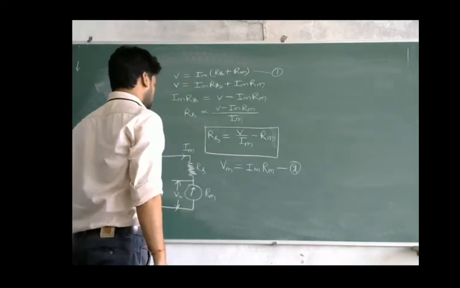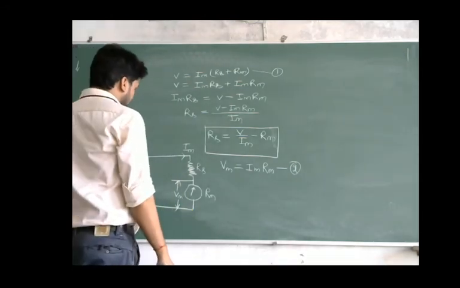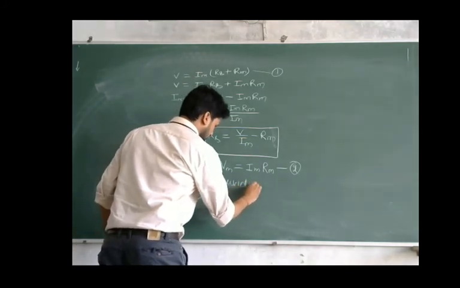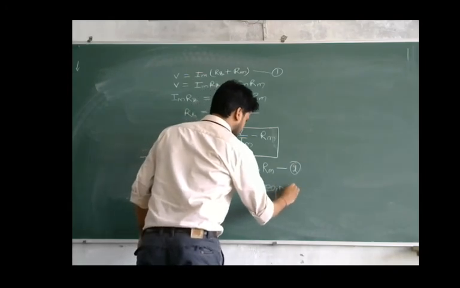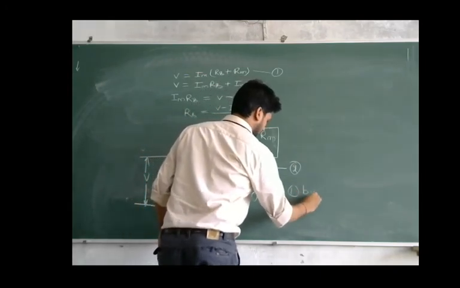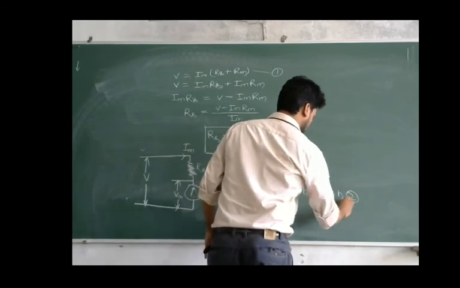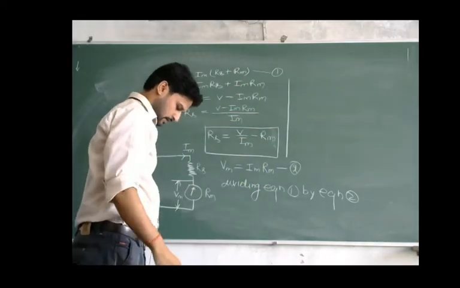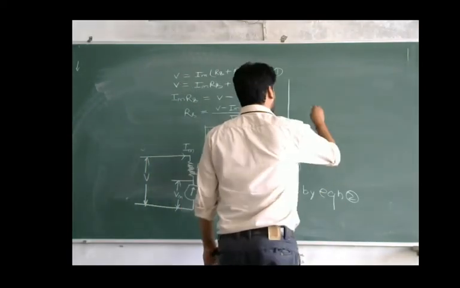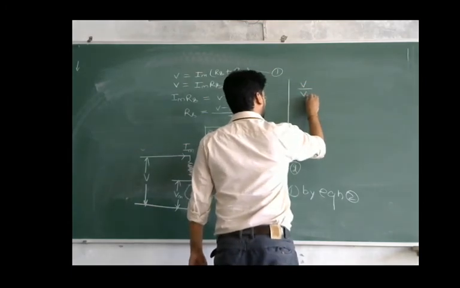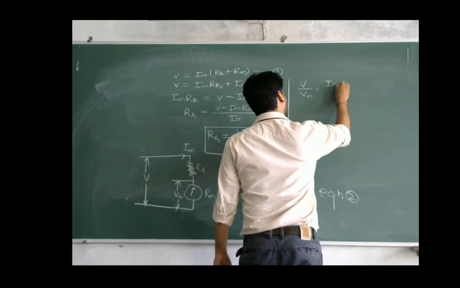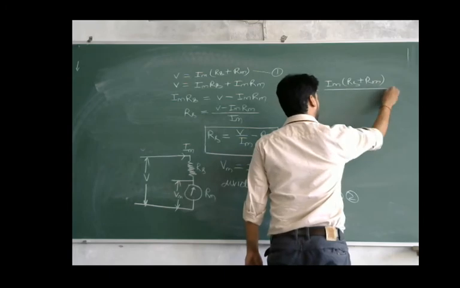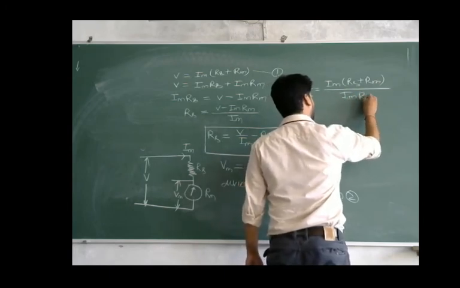So if we divide equation number 1 by equation number 2, we will find capital V upon small Vm is equal to Im into Rs plus Rm upon Im into Rm.